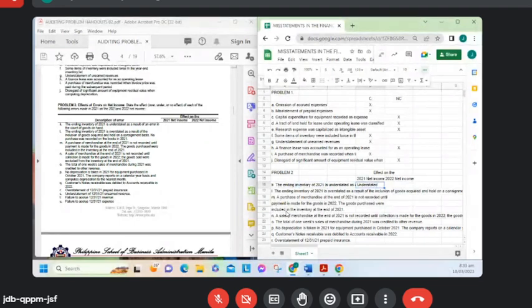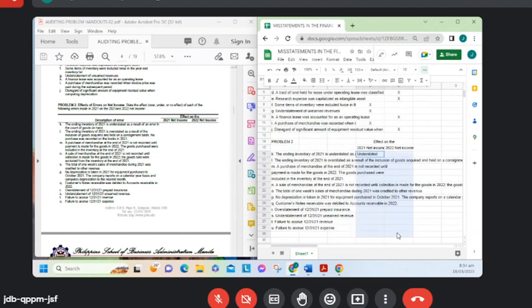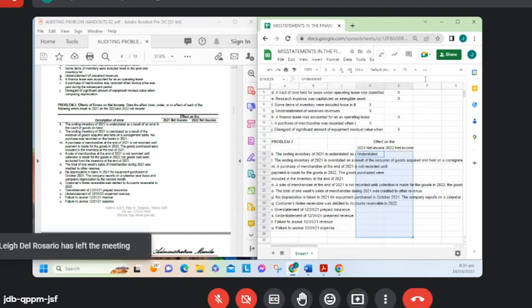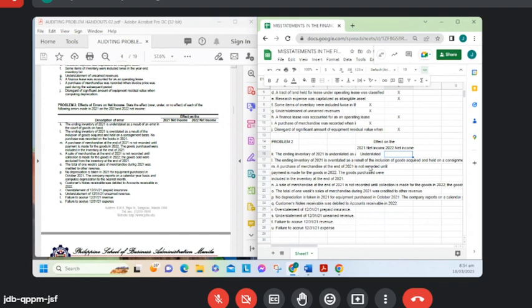So it means the, tama pala. Understated, so it means the cost of sales is overstated, no? So net income as a result of the higher cost of sales will result to an understatement, rather, no?